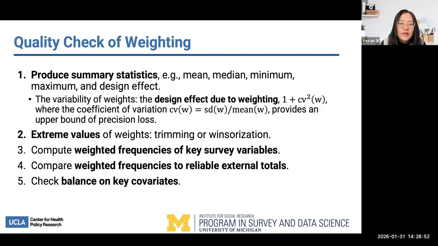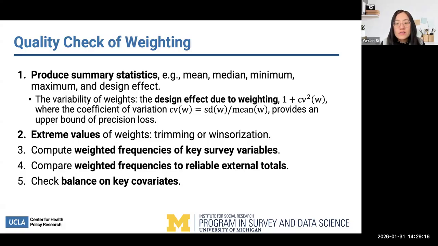Because of the way we construct weights, we often have extreme values of weights. Then we need to consider whether we should trim the weights to smaller values or adjust the outcome values that are attached or correspond to the cases with extreme values of weights.